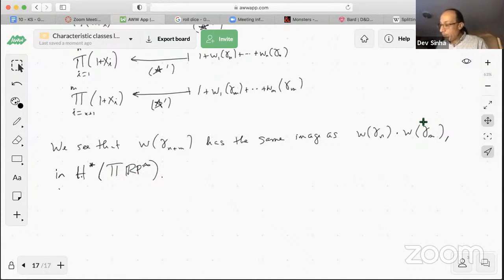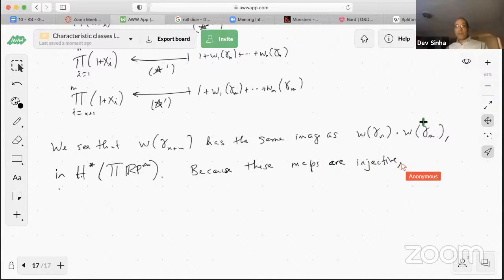So then because these maps are injective, they must agree in the middle.